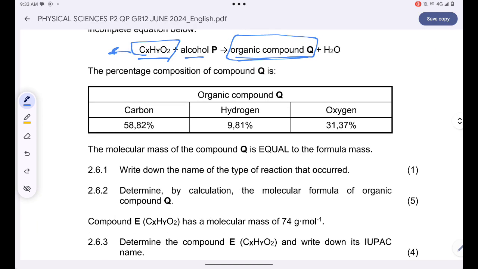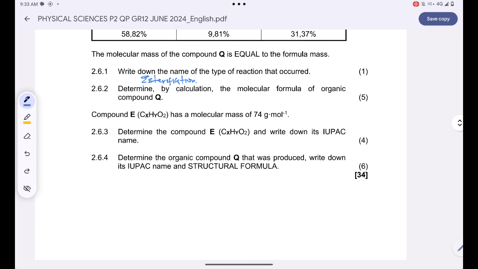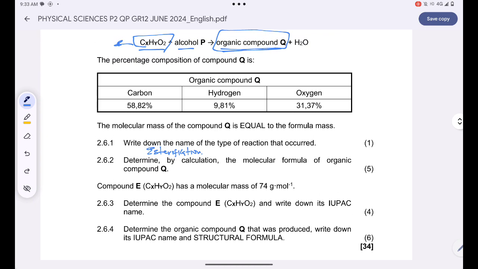Now they want us to write down the name of the type of reaction that occurred. Remember, guys, I told you that it's esterification. Or you can say it's a condensation reaction. Next: determine by calculations the molecular formula of organic compound Q. Since you are given the percentage composition, all you have to do is find the empirical formula and then find the molecular formula.